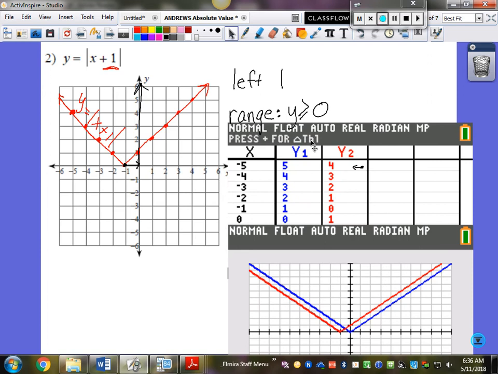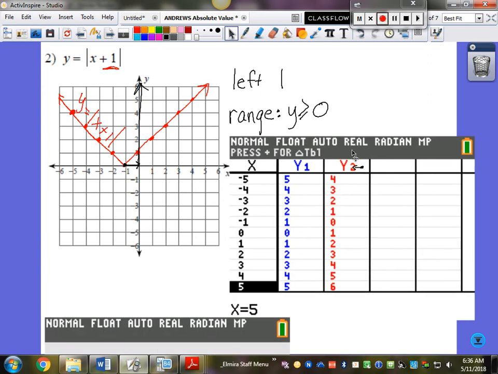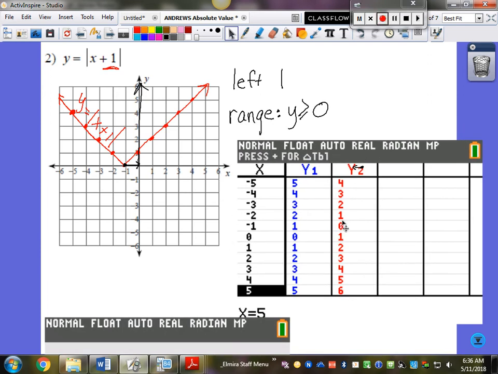So if I look at the table, all of the y values, here's 0. All the y values above it are going up, and all the y values underneath it, 1, 2, 3, 4, 5, 6, those are all increasing. So even if I arrow through the table and look at different parts, I'm never going to get a negative value there. So all of my values are 0 or greater.